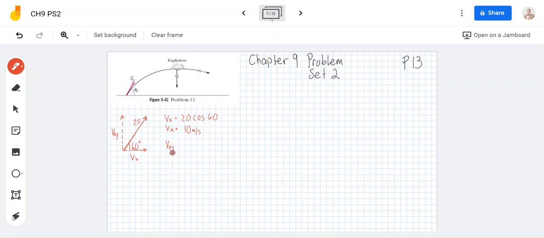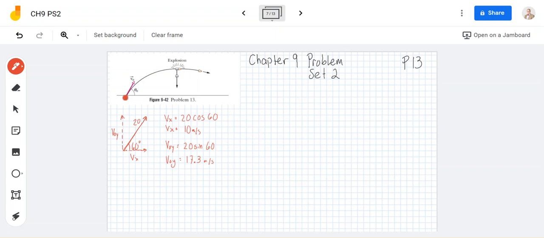And V0y is equal to 20 times the sine of my angle. So here's our initial condition.